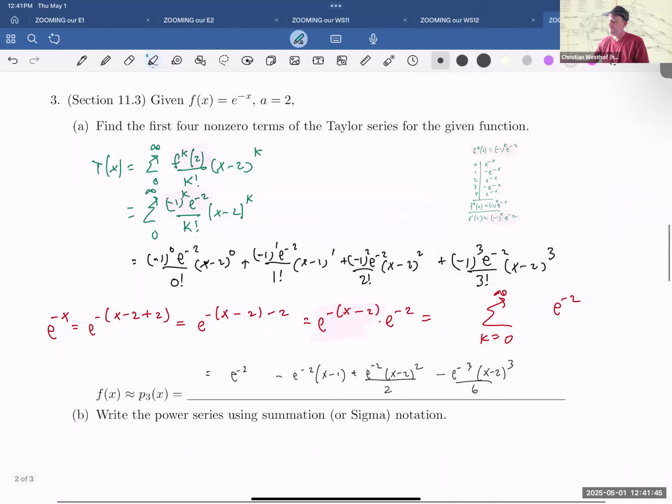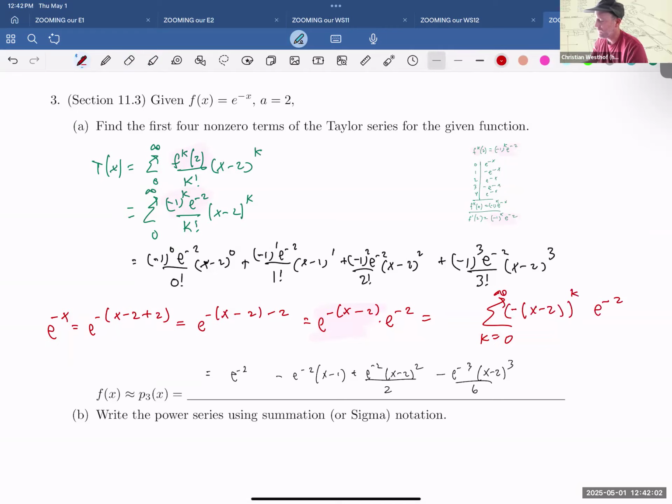So let's write x to the k. Negative of x minus 2, all that to the k over k factorial. There's our e to the negative 2, e to the negative 2. And so everything in pink there became everything in pink there.